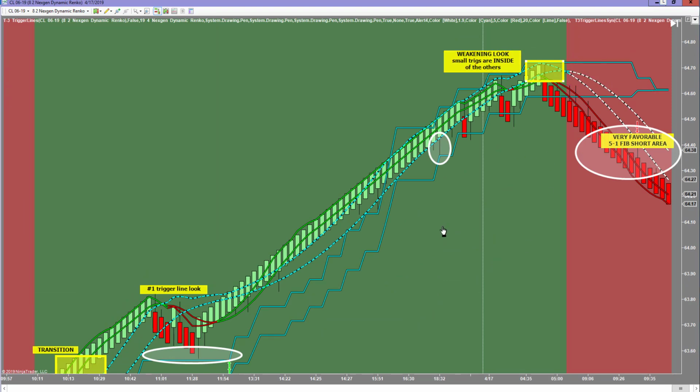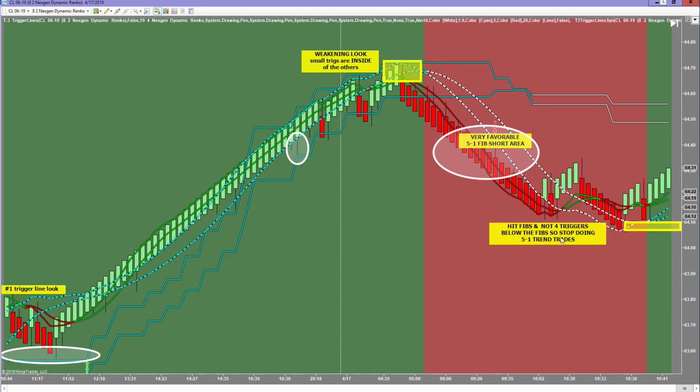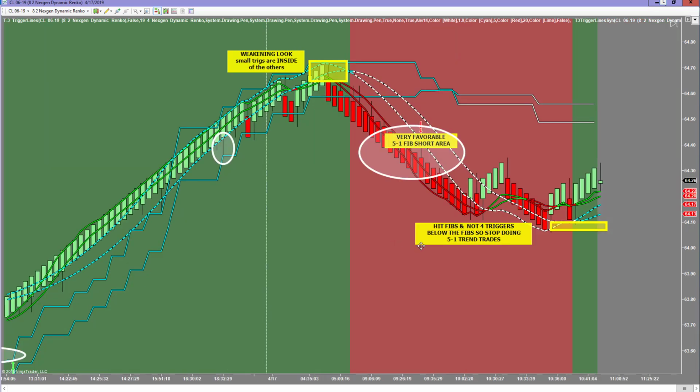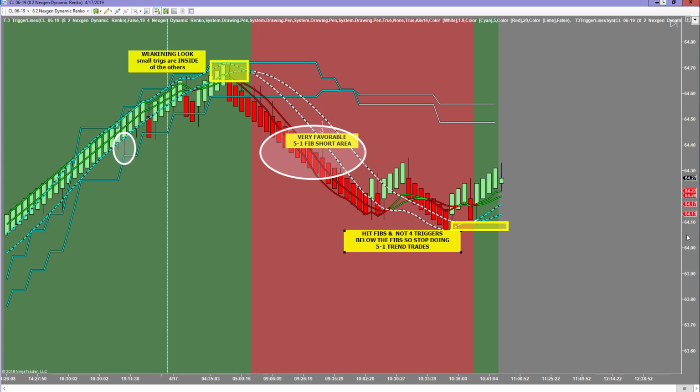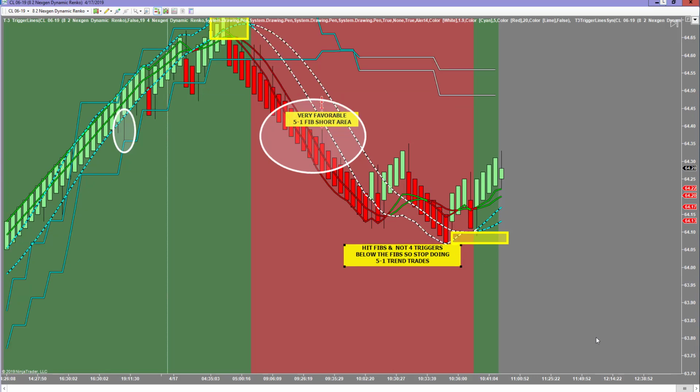And then you'll have short trades, short trades, short trades until you hit fibs. And then they have to rework themselves out, and you have to trade with the trigger lines. All right. Anybody have questions? And again, look, you can see the obviousness of the trigger lines here, can't you?